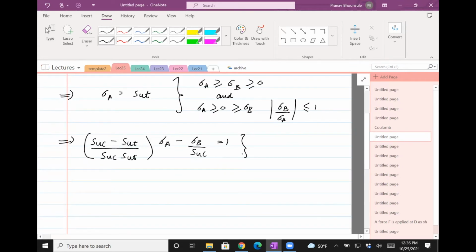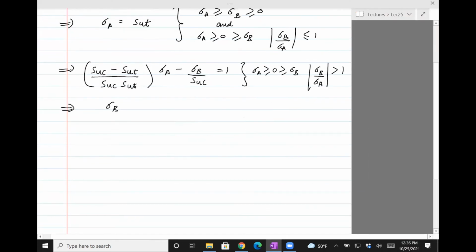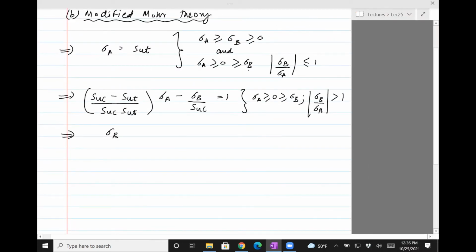This is true when sigma A is greater than 0, greater than sigma B, and the ratio of sigma B divided by sigma A, with the absolute value, is greater than 1. And the final equation is separate from the other one: sigma B is equal to minus SUC, and that's true when both stresses are compressive.